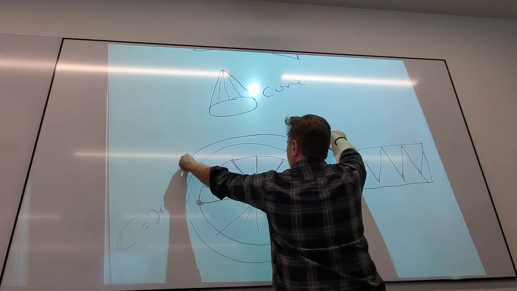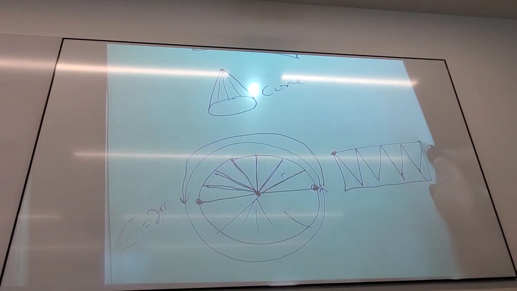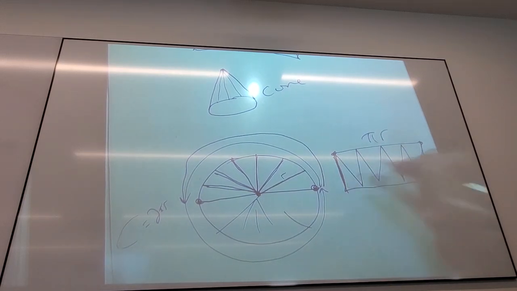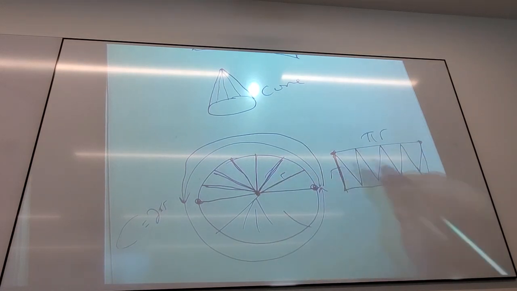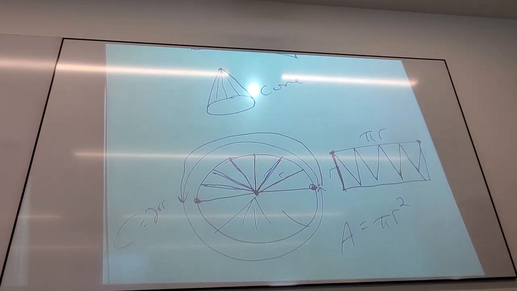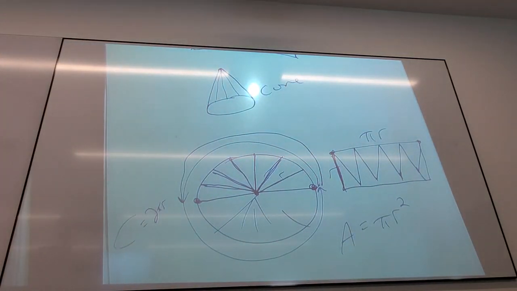Because I just picked this up and opened it up, yes? So these 2 points are here and here. This is pi r, yes? And how long is this? r. And what's the area of that rectangle? Pi r squared. Okay. Has anybody ever seen that before? No. Okay, maybe. So, coming back.